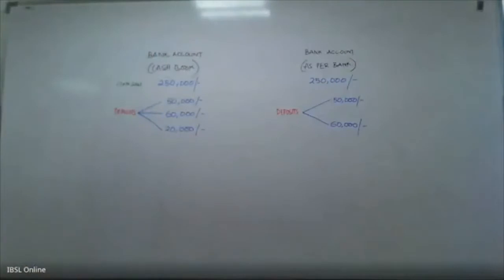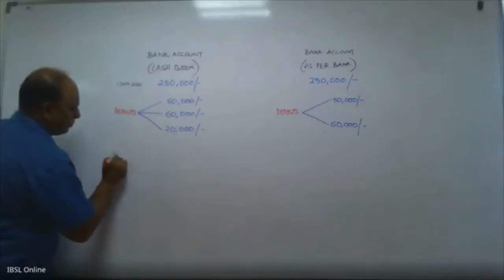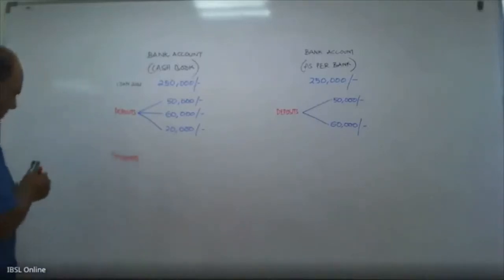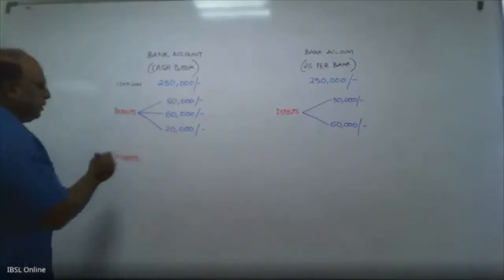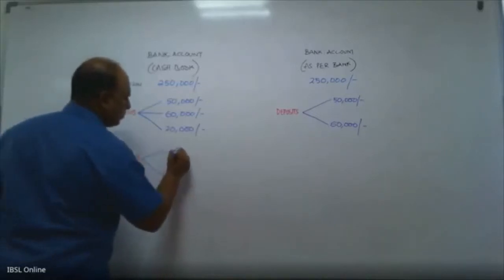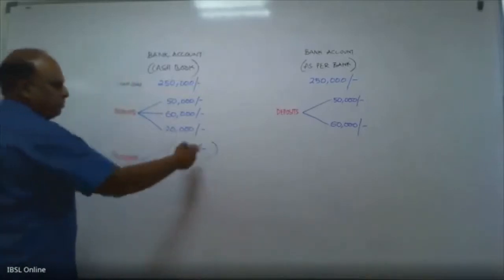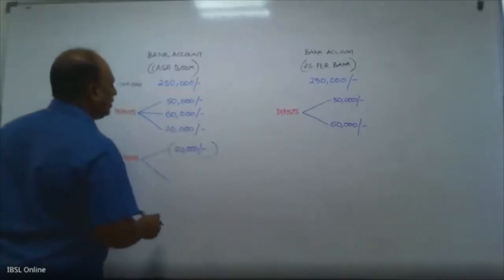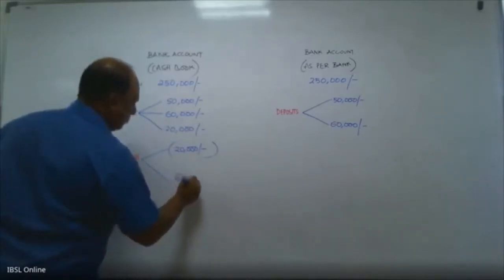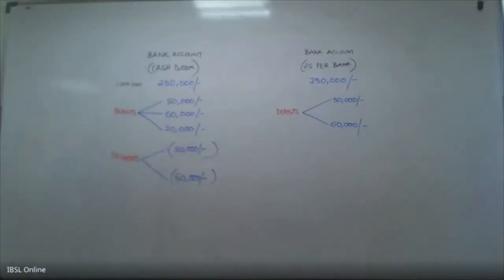Fine. Right. Then we'll take payments. Payments. To make it simple, I'm showing it in negative payment and another payment of 60,000. Okay.